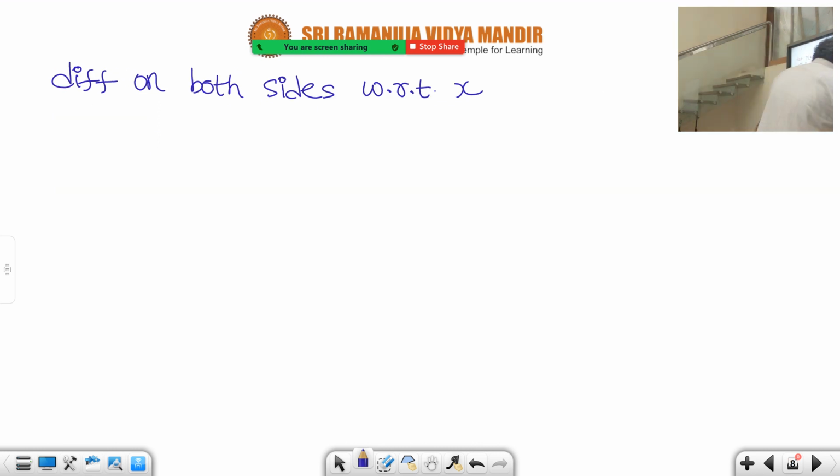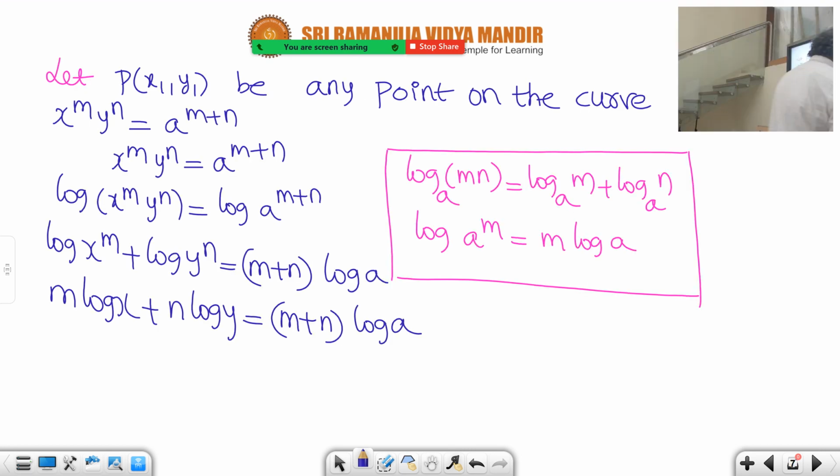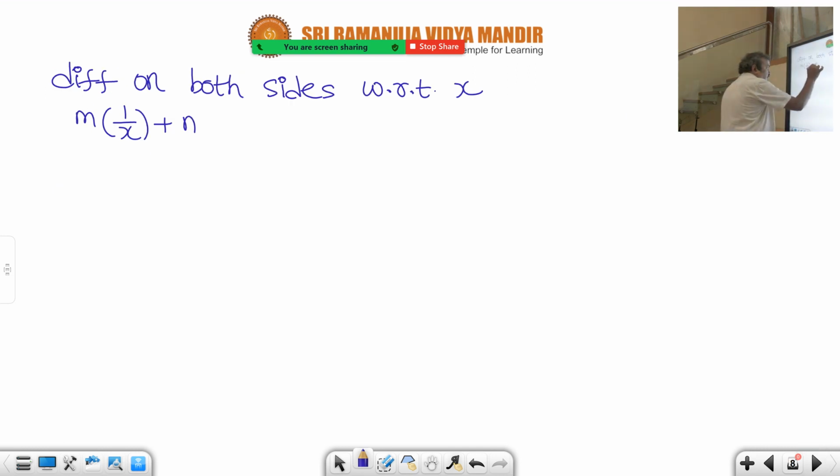Here m into 1 by x. Correct? Moving to previous slide. n into log y derivative is 1 by y, 1 by y, and y into dy by dx.